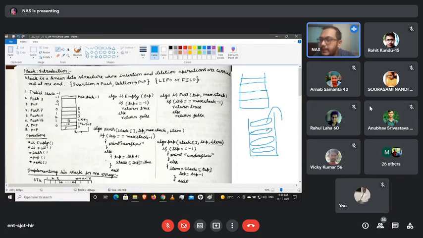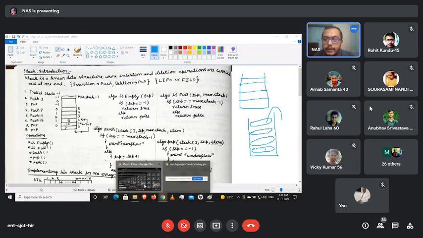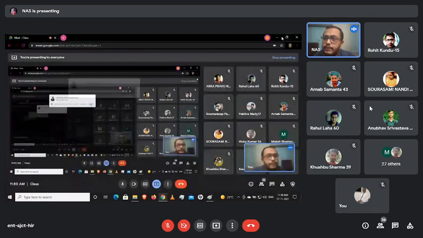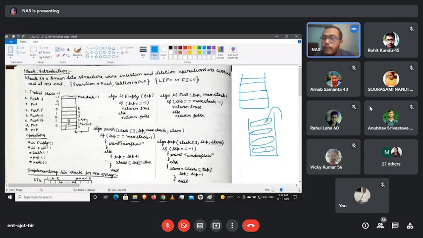Second thing, the first dish we washed and kept in the container is coming out last, and the last dish which we put after washing is coming out first. So from here we get the concept that the one which goes in first comes out last, and the one which goes in last comes out first.